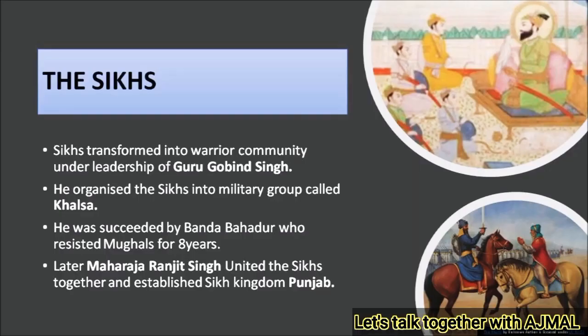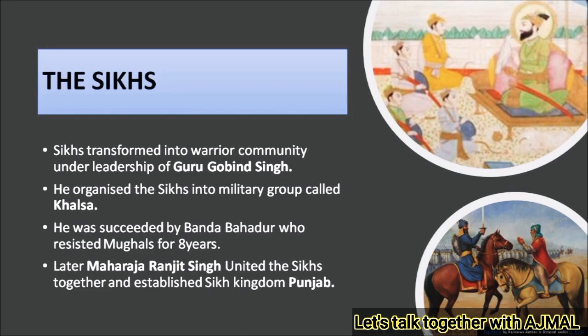Let's learn about the first community, the Sikh community, who established their kingdom in Punjab. We are very well aware that the Mughal Emperor Aurangzeb was intolerant toward other religions. Therefore, he executed Guru Tegh Bahadur.